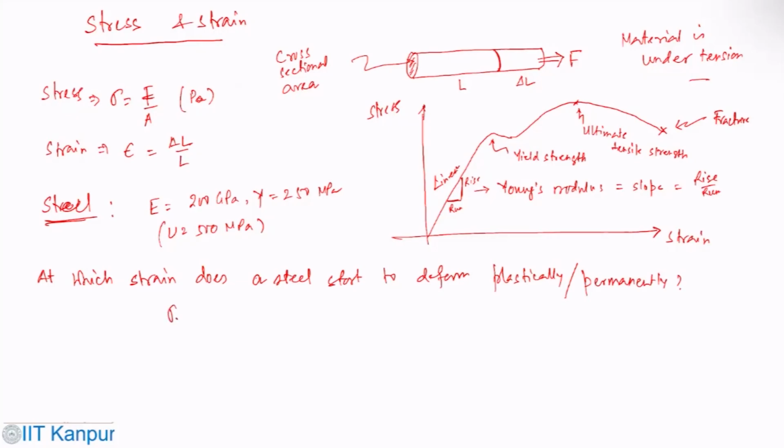We have sigma y equal to E into epsilon y, and sigma y is essentially the yield strength. So epsilon y is sigma y by E, which is 250 over 200 into 10 to the power 3, so this is 1.25 into 10 to the power minus 3, something around 0.125%.